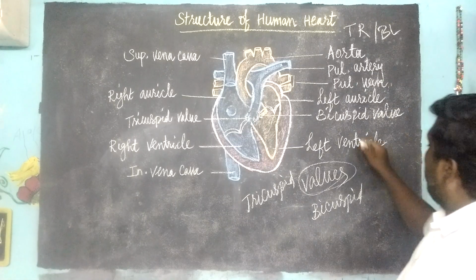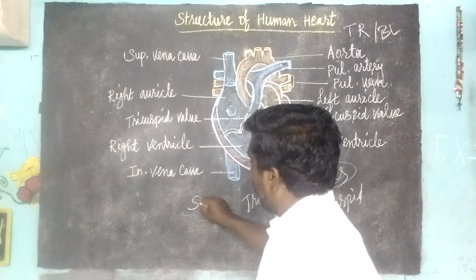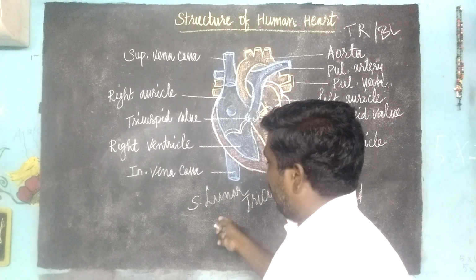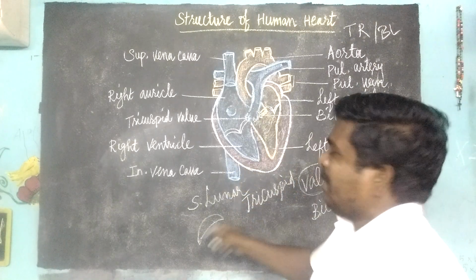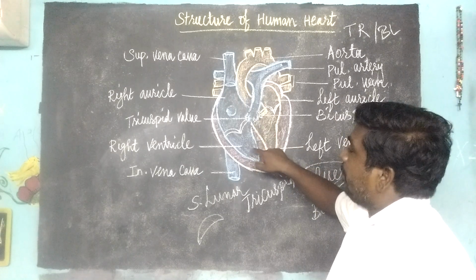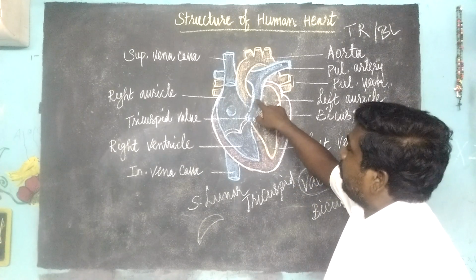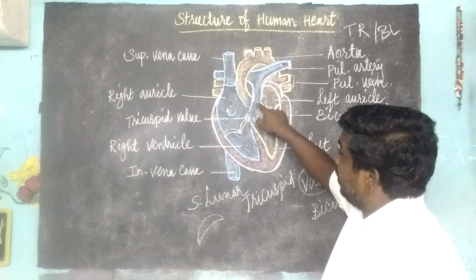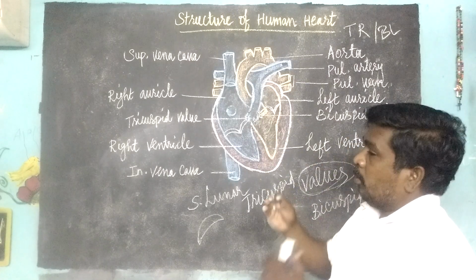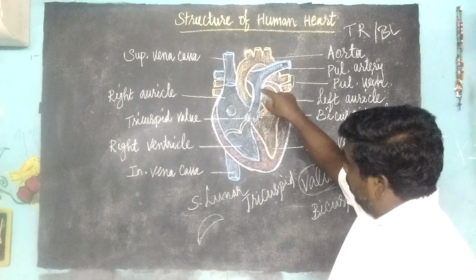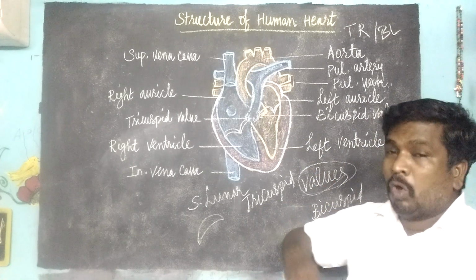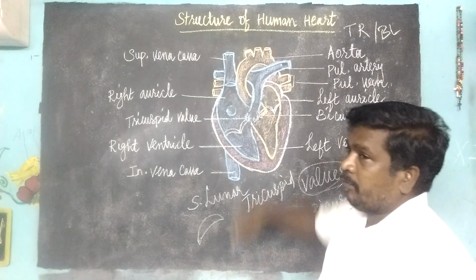These valves are collectively called the semilunar valves. Semi means half, lunar means moon, so they are half-moon shaped. Their role is that when blood is pumped from the right ventricle into the pulmonary trunk, and from the left ventricle into the aorta, both the pulmonary trunk and the aorta have valves, called semilunar valves. They close to prevent the backward flow of blood.